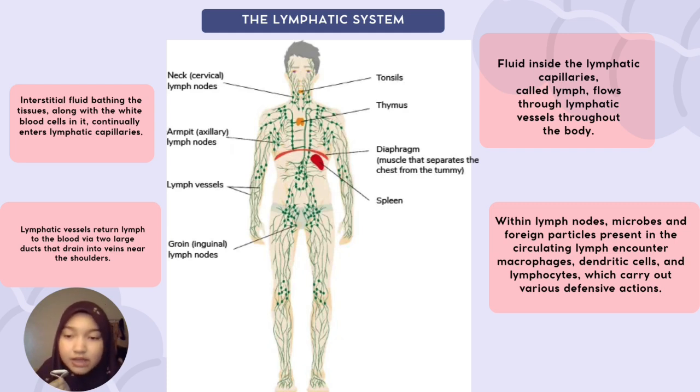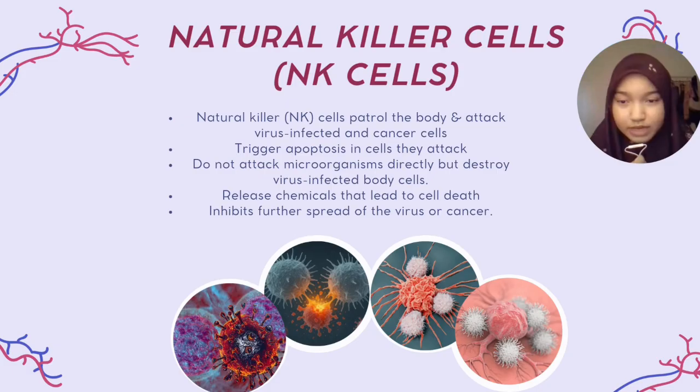And lastly, lymphatic vessels return lymph into the blood via two large ducts that drain into veins near the shoulder. The next cellular innate defenses are natural killer cells, also known as NK cells.